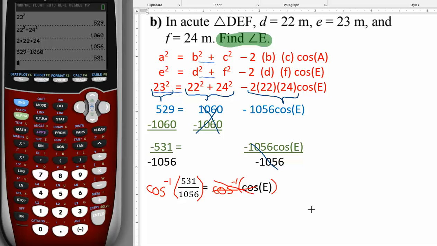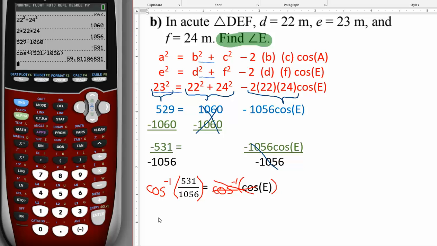So inverse cosine and cosine simplify into just E. So that left-hand side, second cosine, 531 divided by 1056. Enter. And we find out that angle E equals 59.81 degrees.